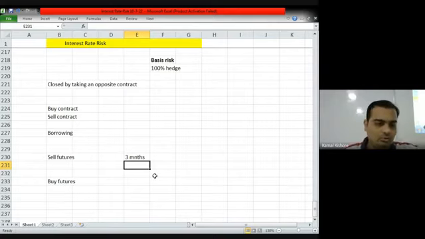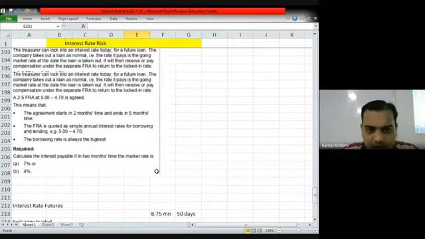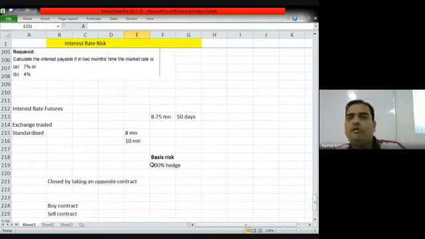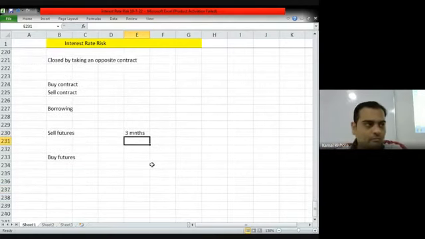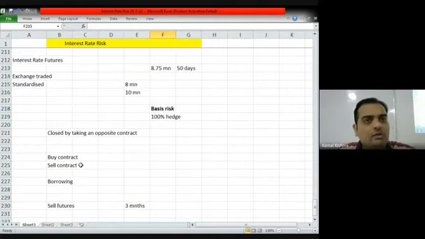So similar to FRA, this also works. And your transaction with the bank will be separate. Wherever you have taken a loan or you're going to take a loan, that is a separate transaction. Getting it? So this is about your interest rate futures.